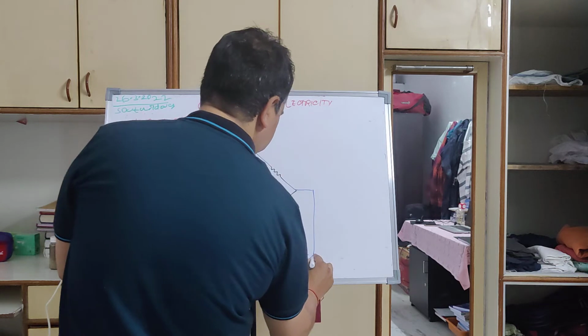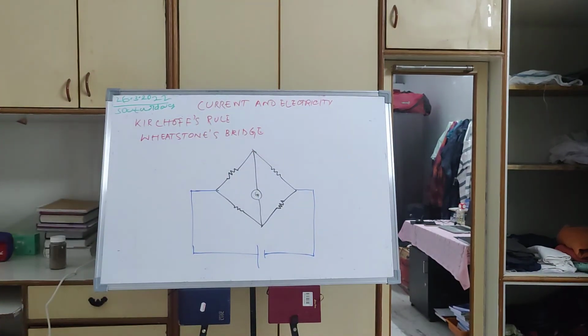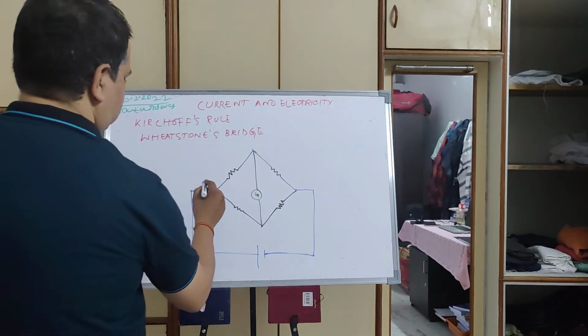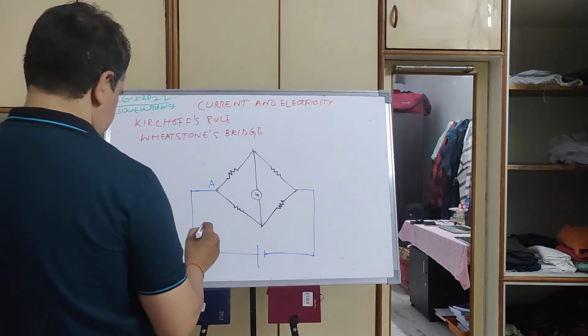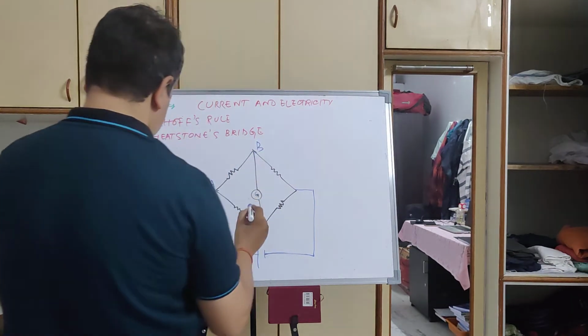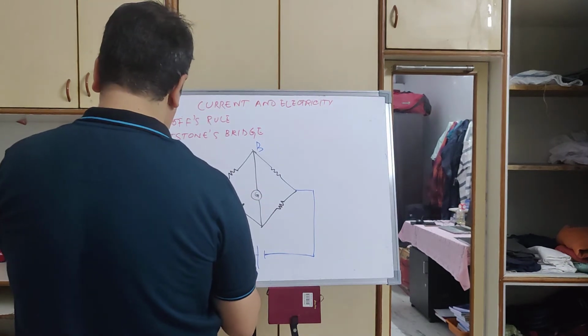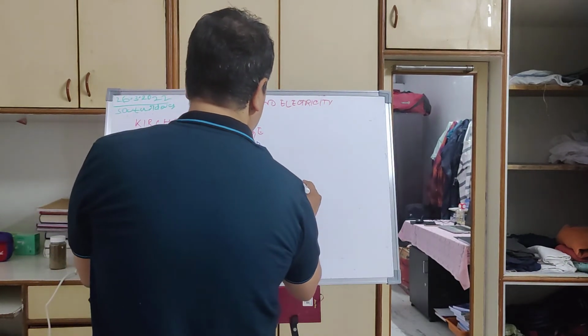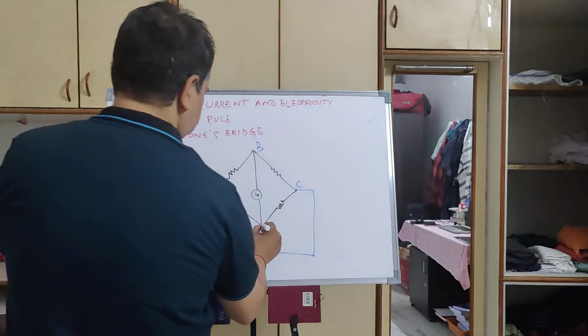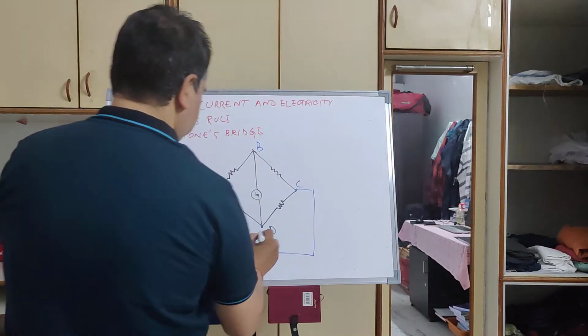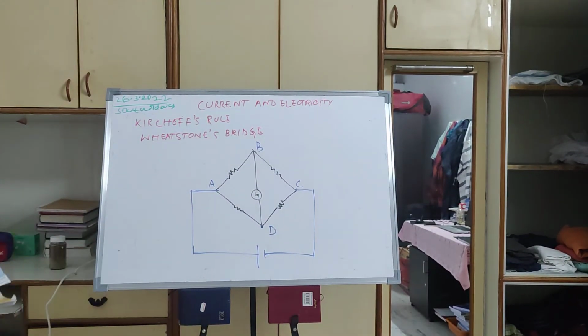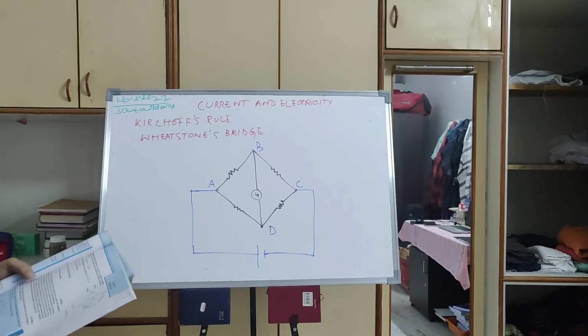This is your Wheatstone bridge. You have a galvanometer. Let us say there are four corners A, B, then this is C, and then this is D.